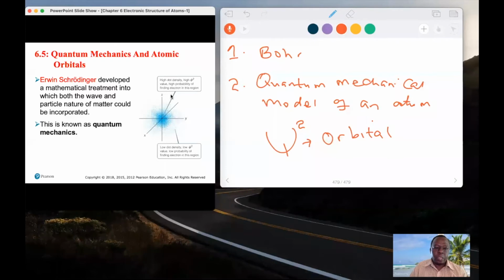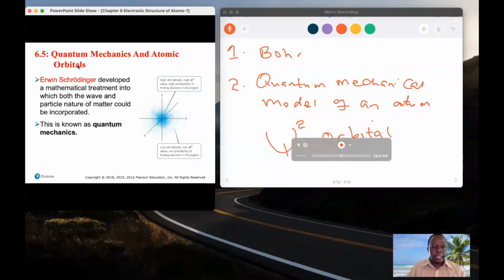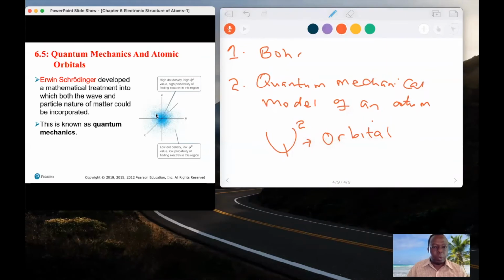If you look at this diagram, if this is the model of the hydrogen atom, we are now redefining Bohr's model of an atom. Since we don't know where the electron is, there is a region within an atom where there is high probability of finding an electron. As we move away from the nucleus, the probability of finding an electron gets lower and lower.